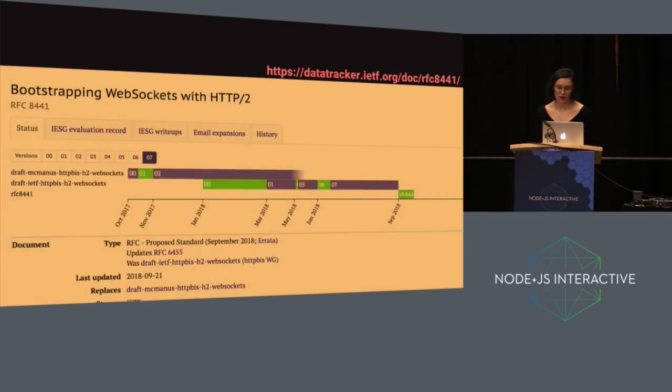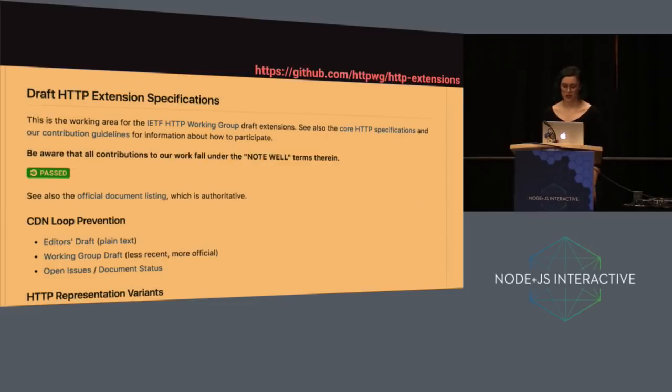But the super interesting one is some work happening around WebSockets and HTTP2. It sounds like this might be an interesting way to be able to handle WebSockets with HTTP2. There's also some work over in this GitHub repo that talks about other extensions that people are proposing.